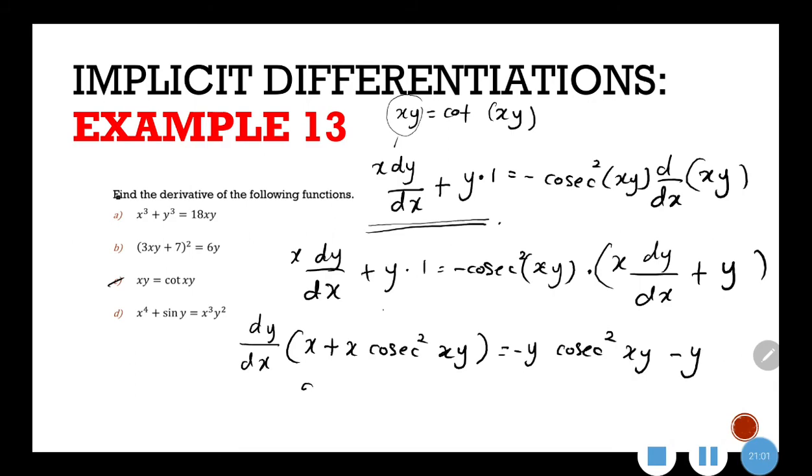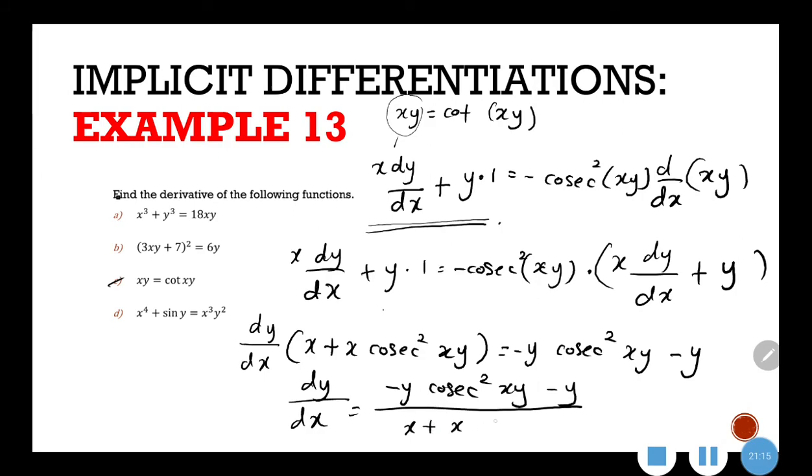Okay, so dy dx is minus y cosecant square xy minus y over x plus x cosecant square xy. Okay, so this is the final answer.